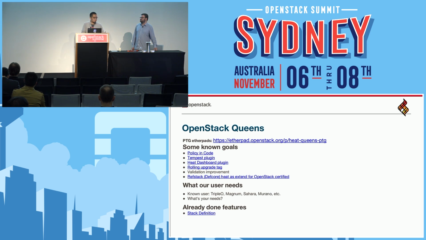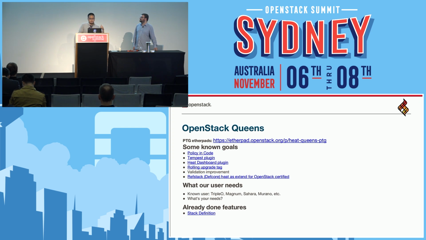And also, we have already done a feature called stack definition. What stack definition does is this: when we create a stack, that stack will create a resource for you. During this process, since we are object oriented, it will bring the stack object to your resource, or you will download the entire stack object or entire resource object from the DB, which is not necessary.